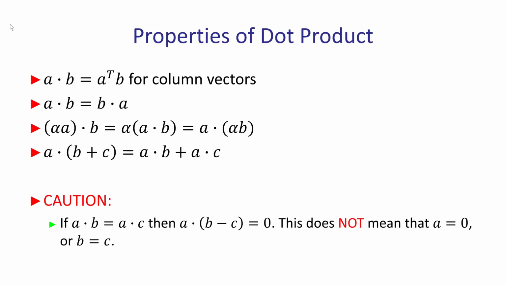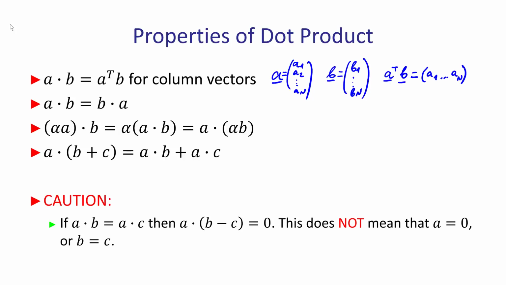There are a few important properties of the dot product or inner product. First of all, you can write the dot product as a multiplication of two vectors. So for example, if both vectors are column vectors, and A looks like that and B looks like that, so this is vector A and this is vector B, then A transpose B will be equal to that vector multiplied by that vector.